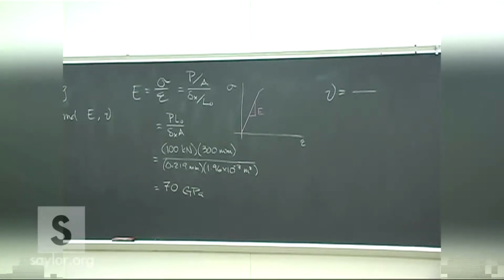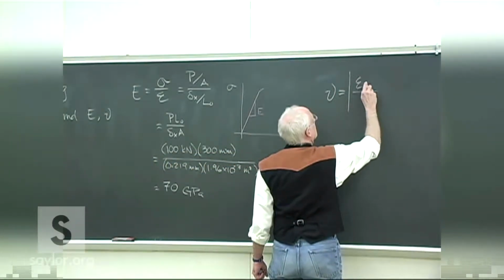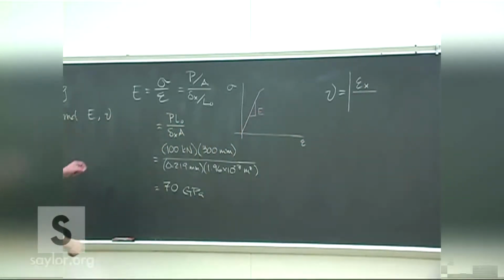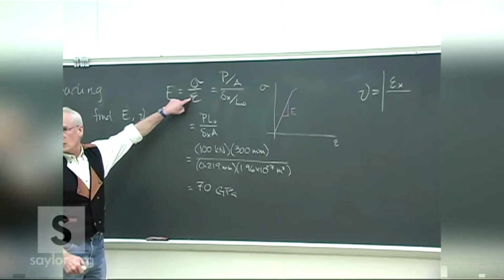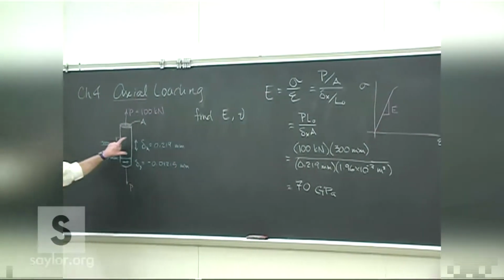It's the absolute value of the lateral strain over epsilon 1, not actually E, epsilon. It's the normal strain, the very same strain that we've got here, where it's the axial deformation in the direction of the load.